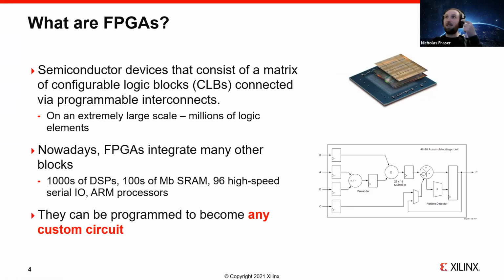So you've got something that can implement small logic functions, you've got a bunch of them, and you're flexible in how you connect them together. At the end of the day, you can implement any kind of logic function that you want using these blocks. And then extra things like the DSPs and memories are just ways to get more efficient designs for things like digital signal processing applications.